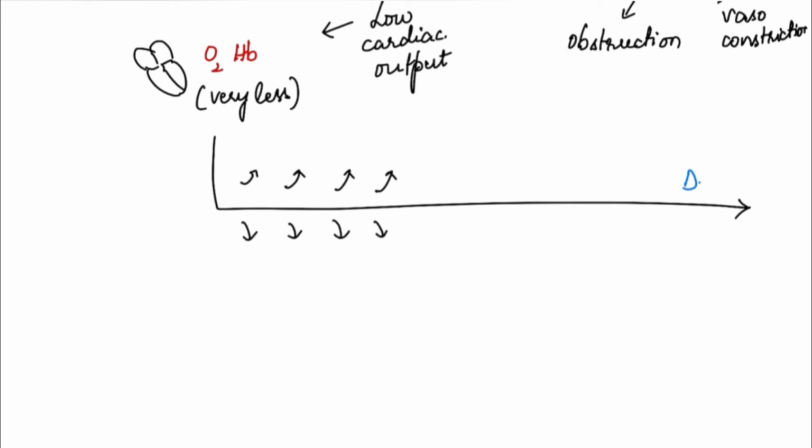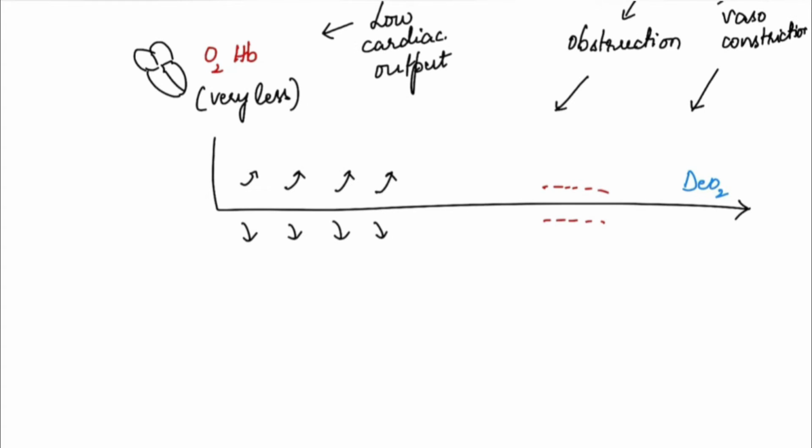Whereas in obstruction and vasoconstriction of the distal part of the body, that means the fingers and toes, the oxygenated hemoglobin which reaches that part is used up by the tissues there, and because of obstruction or vasoconstriction the blood remains there and gets stagnated, and deoxygenated hemoglobin is pooled up. There is no fresh blood flow also because of obstruction and vasoconstriction.